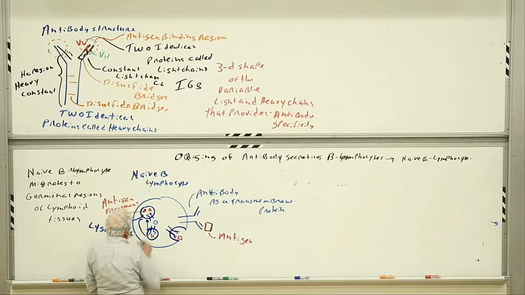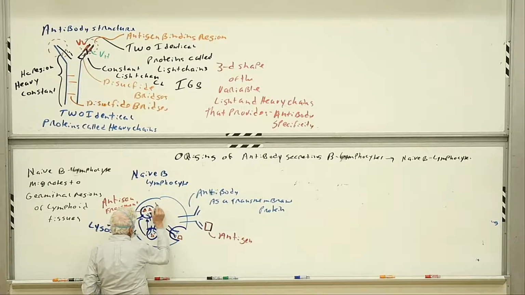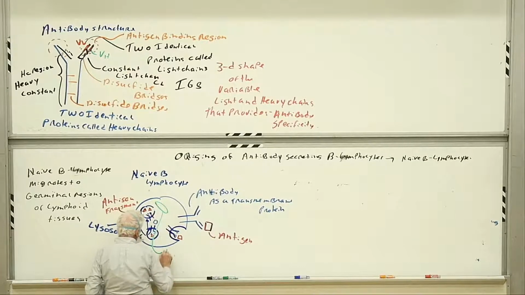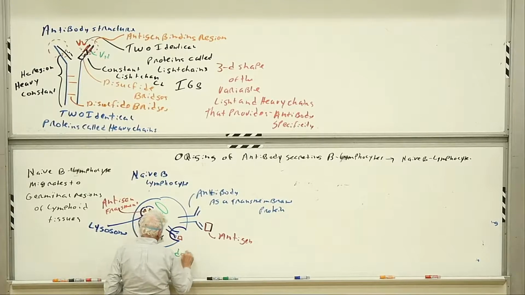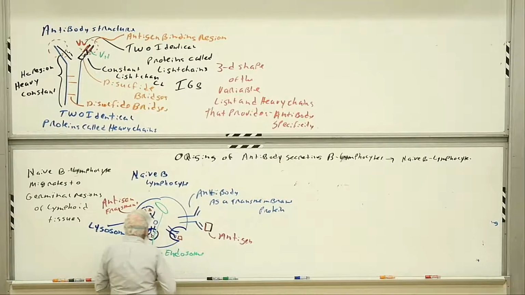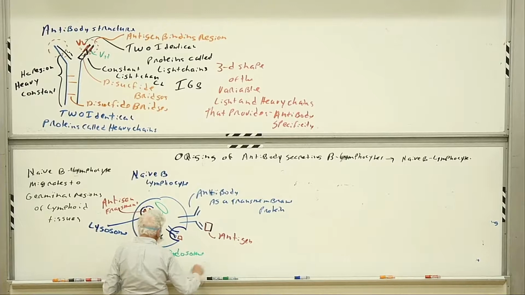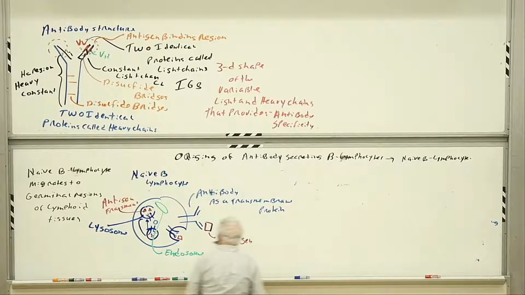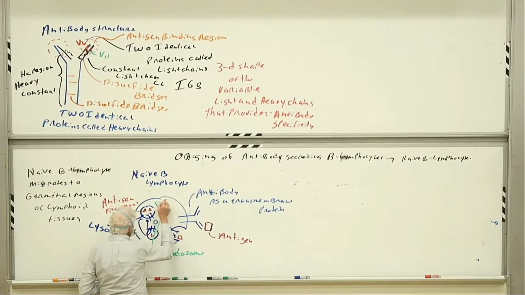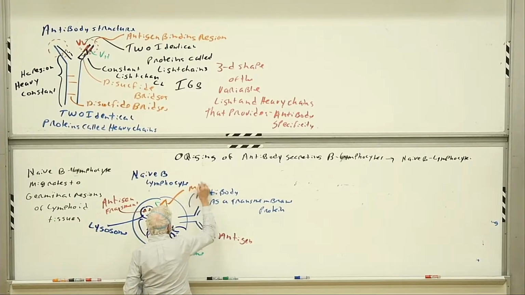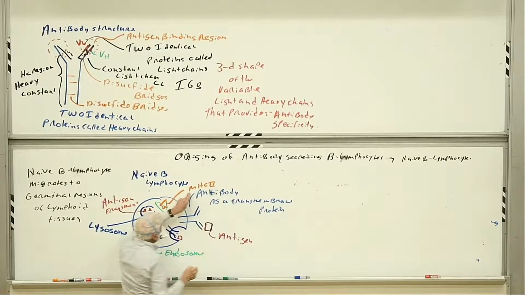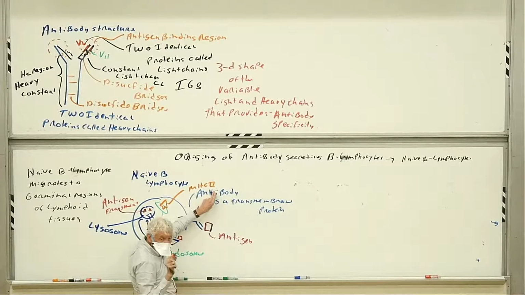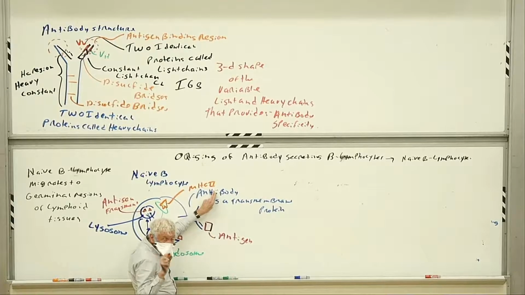In the next compartment, this vesicle will fuse with the next compartment, which is called an endosome. And in the endosome, there's going to be this transmembrane protein, put it in orange, called MHC2. So this is MHC2, major histocompatibility class 2 protein, same as we saw on the macrophages, because these are professional antigen-presenting cells.